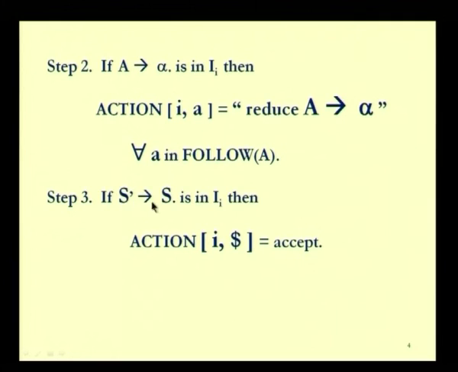So, if S' derives S dot is in I, then action of I comma dollar is set to accept. That is going to be the way in which we introduce the accept action into the parsing table.